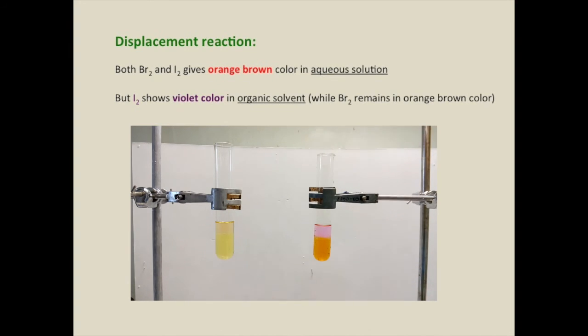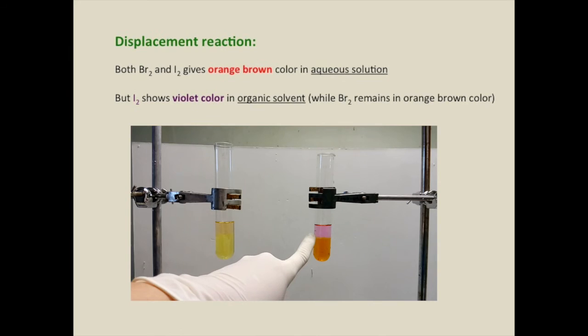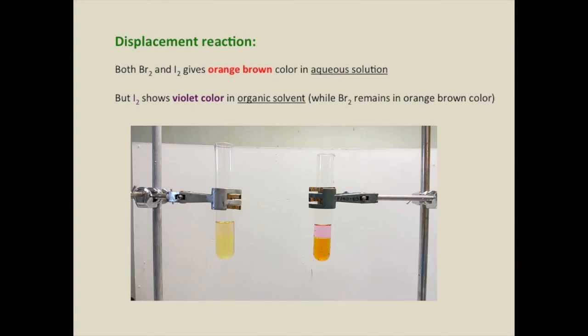Now, you can see there is a significant change for the bromine layer in organic solution. This is orange or orange-yellow in color, while for the iodine in organic solution, it shows purple or violet color.